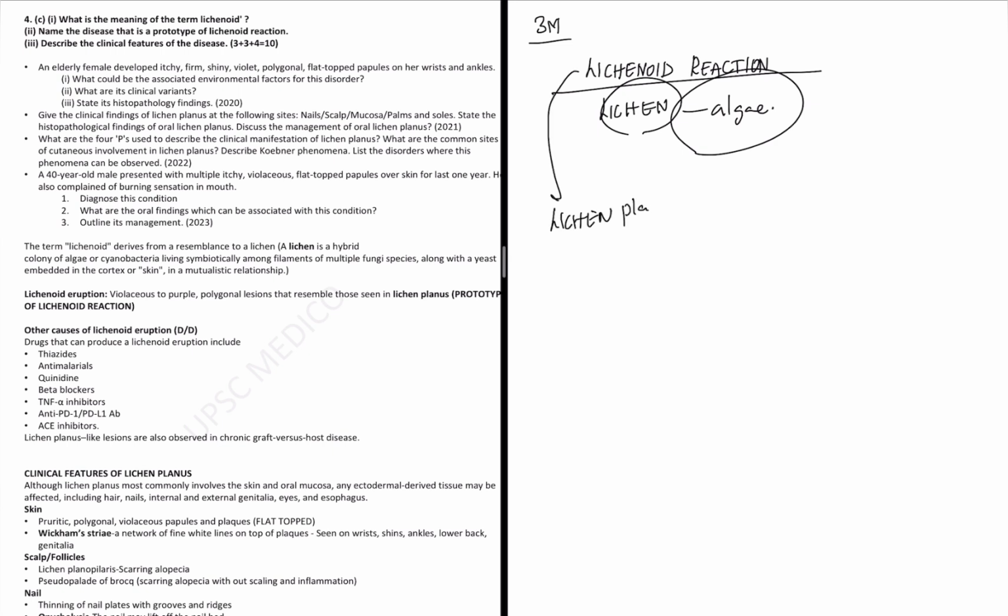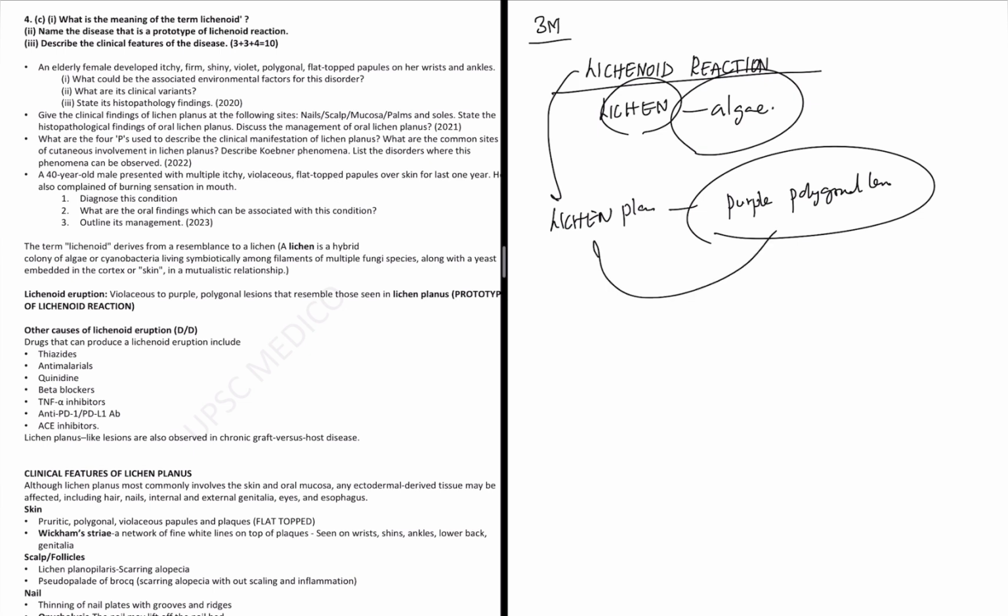So in lichen planus we have purple, polygonal lesions. Similar to that, in any other condition like usage of drugs, thiazides, antimalarials, quinidine, beta blockers, TNF inhibitors, anti-PD1, PD-L1 antibodies, ACE inhibitors, and also in graft versus host disease, these kinds of lichenoid reactions or lichenoid eruptions can be seen.